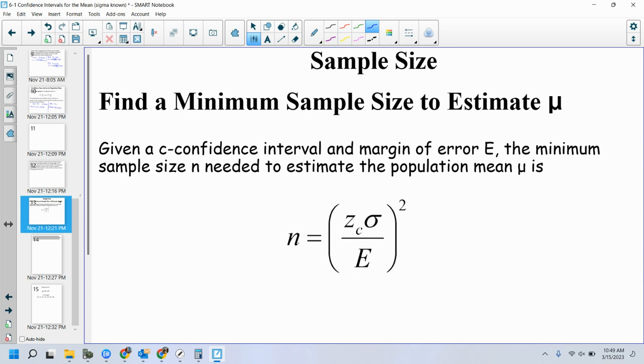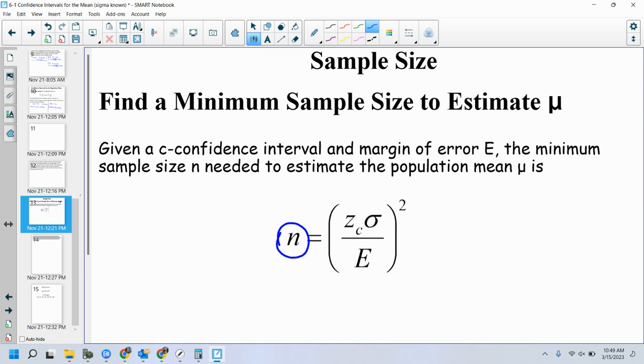If I know how confident I want to be in my interval, if I know I want to be 95% confident, and I know sigma, and I can calculate my error margin, I can then work backward and calculate n. And what is n? N is my sample size. So if I know this confidence level, this error margin, and this sigma, I can now say, okay, this is the population I would need to find out my x bar to truly be that confident.